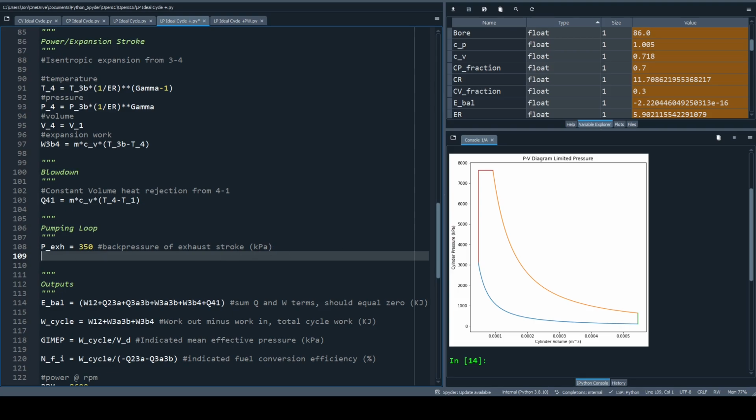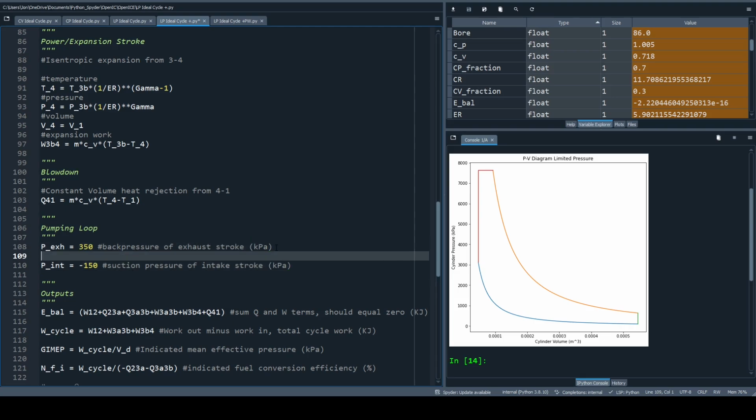This is going to collect that restriction. And then we need a pressure of the intake. This I'm putting at 250 kPa below ambient, so we're at negative 150. Again, this is going to represent all the restrictions in the intake system.